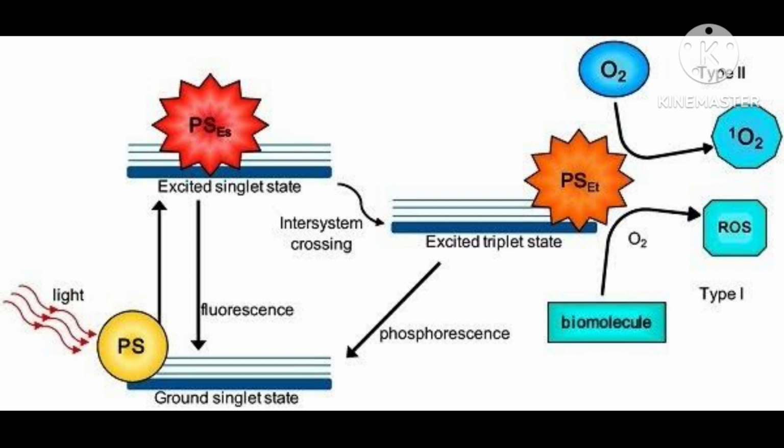Now I am telling you some interesting examples of photochemical reactions. First example, as I already told you, is photosynthesis. Plants use solar energy to convert carbon dioxide gas and water into glucose and oxygen.